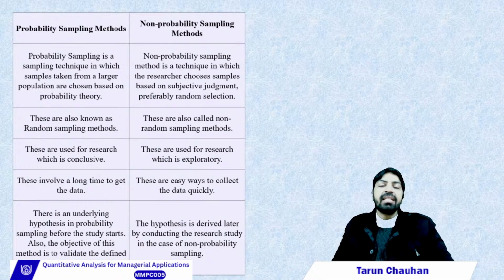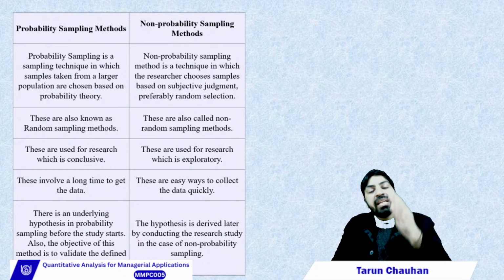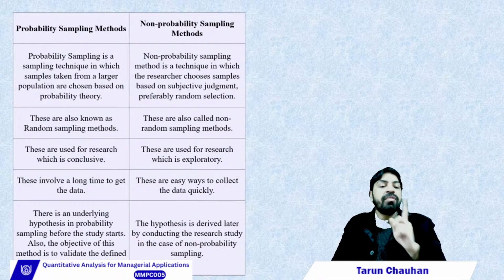Probability sampling always takes a long time to get the data, but non-probability sampling is an easy way to collect the data quickly. Hypothesis testing is always involved in probability sampling methods, and the objective of such methods is to validate or prove the hypothesis in a study.